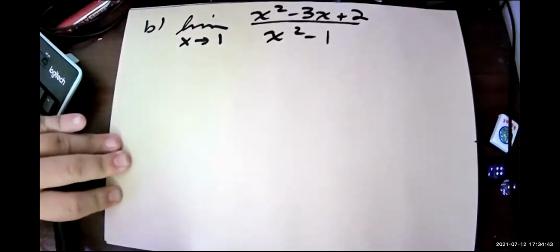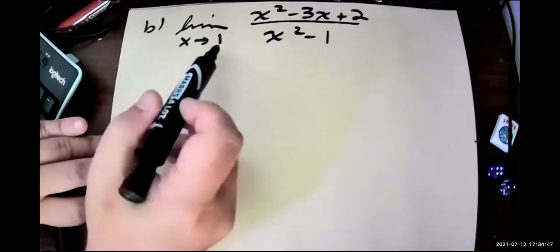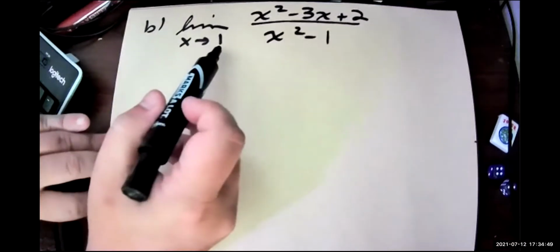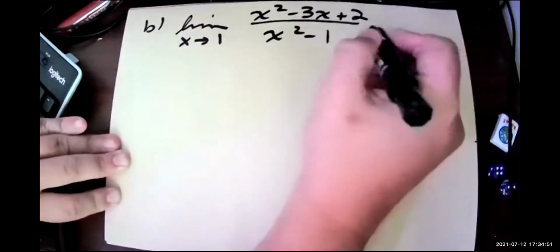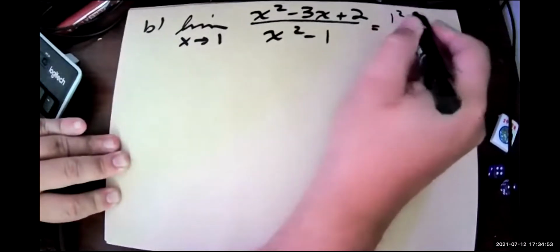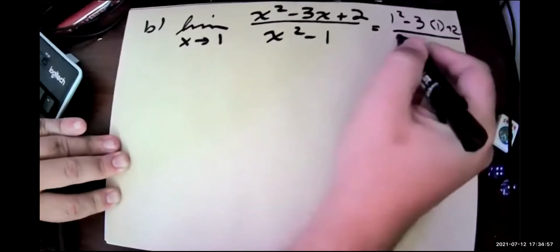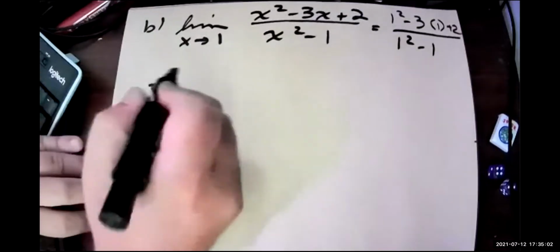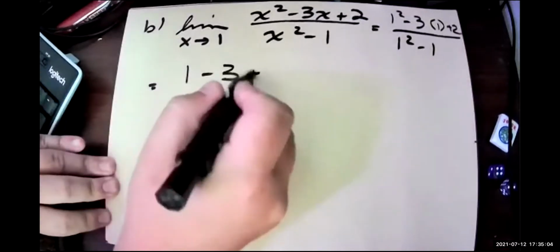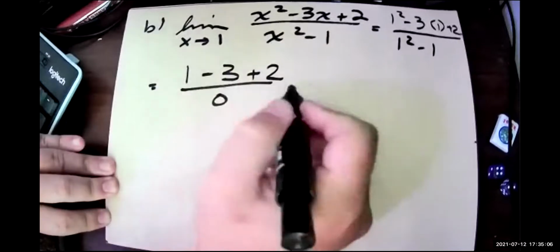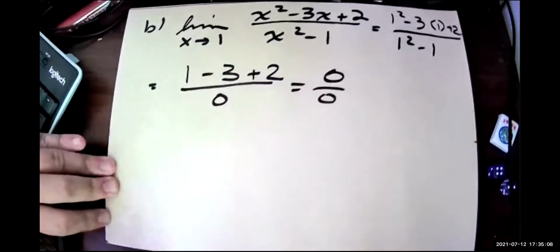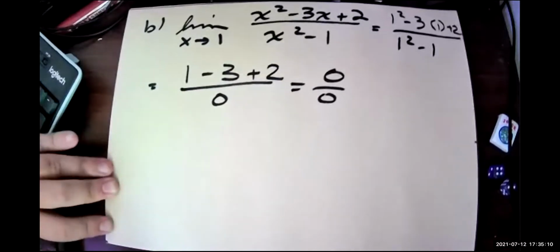Your first step should always be to evaluate the limit as if it were a function by replacing every x you see with the number we are approaching, which is 1. That would turn this into 1 squared minus 3 times 1 plus 2 all over 1 squared minus 1. Simplify, it becomes 1 minus 3 plus 2 over 0, which is 0 over 0. And again, we have our indeterminate form.